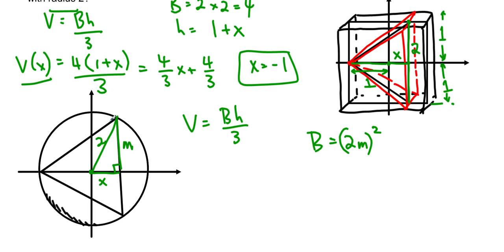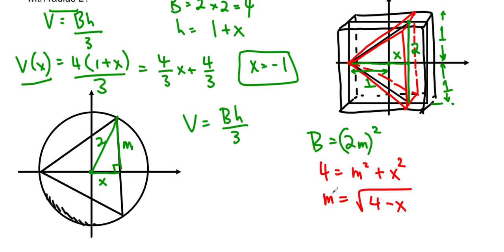And we also can see that we've got this right angle triangle again, so 4 is equal to m squared plus x squared. So in other words, m is equal to the square root of 4 minus x squared. It is not the plus minus because m is length, so we're going to call that just the positive version of that.